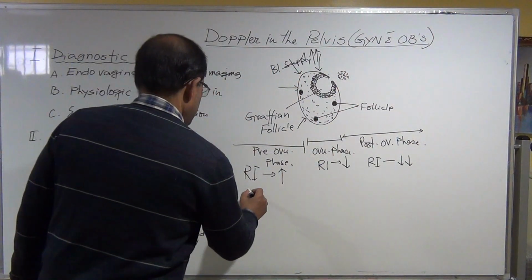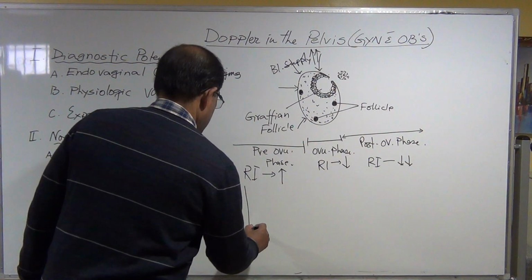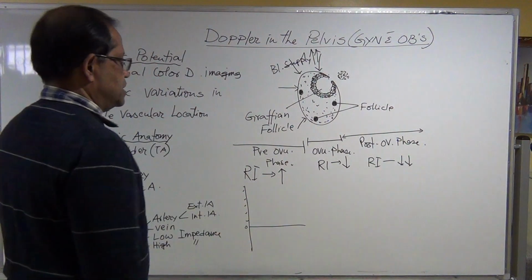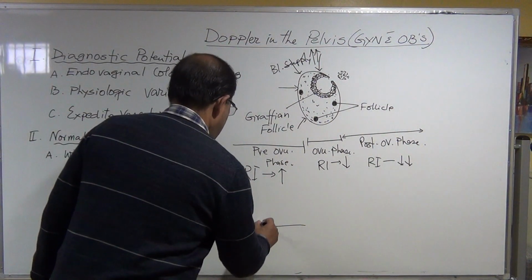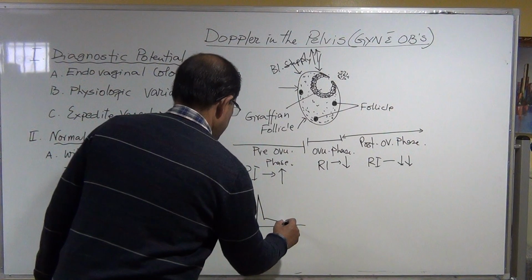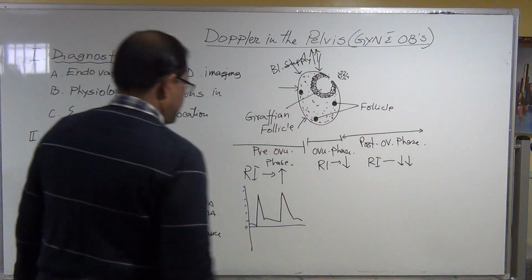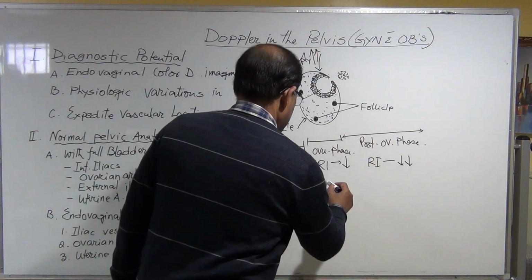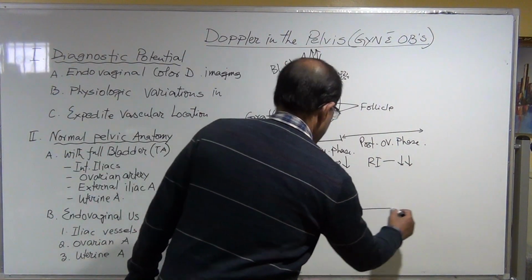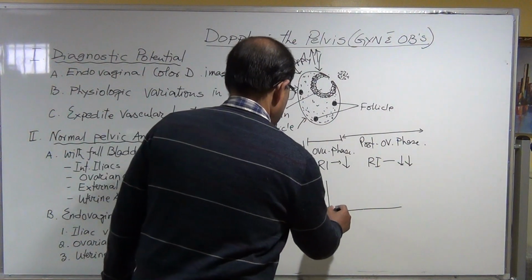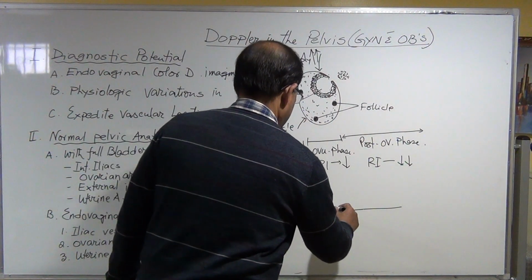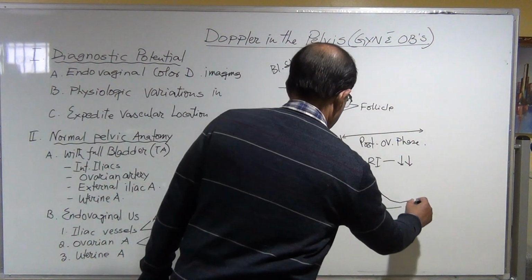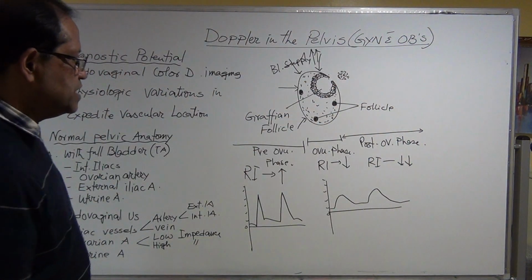So now in the pre-ovulatory phase, when you do the Doppler, what are you going to see? You will see high resistance. And ovulatory and post-ovulatory, low resistance.